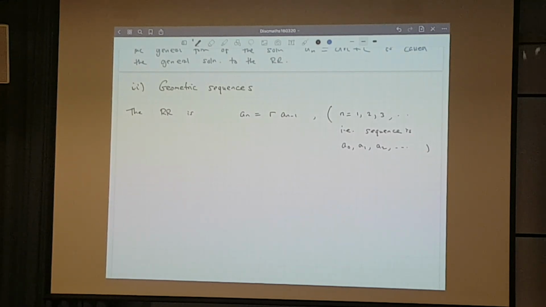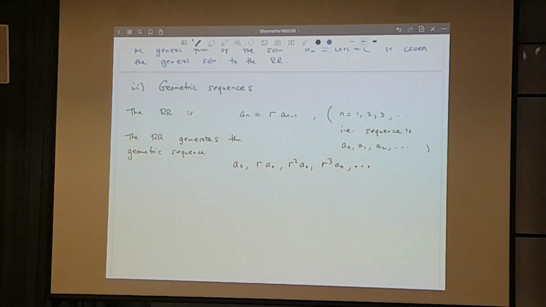Well, let's look at what this recursion relation generates. It generates the geometric sequence. It starts with a_0, and then we get r a_0, r squared a_0, r cubed a_0, dot dot dot, it's infinite.